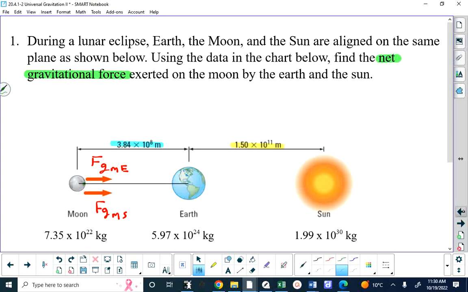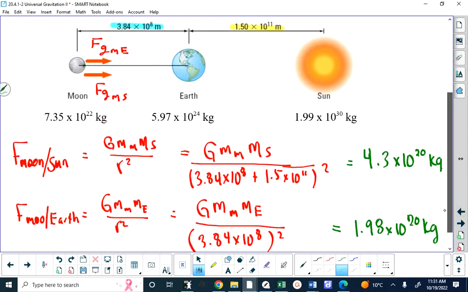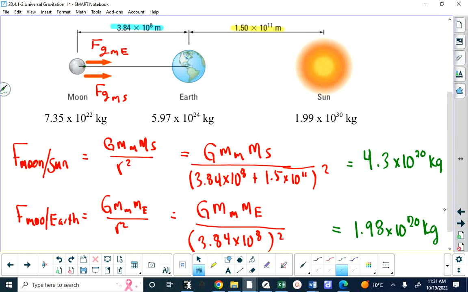Because of that large mass, the force pulling the moon to the sun is over twice as great as the force pulling the moon to the Earth.